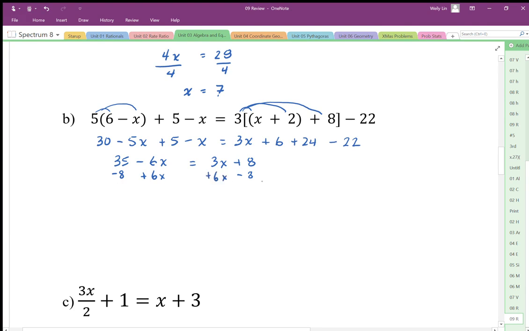Okay, do my counting here. 9 x's on this side, x's all cancel. I end up with 27 on this side. And again, make sure you're doing this carefully because there's lots now to keep track of. So divide by 9, divide by 9. So my answer becomes x equals 3.